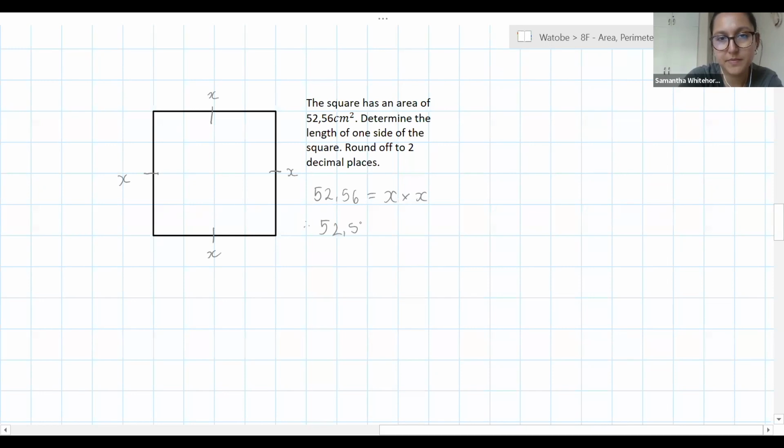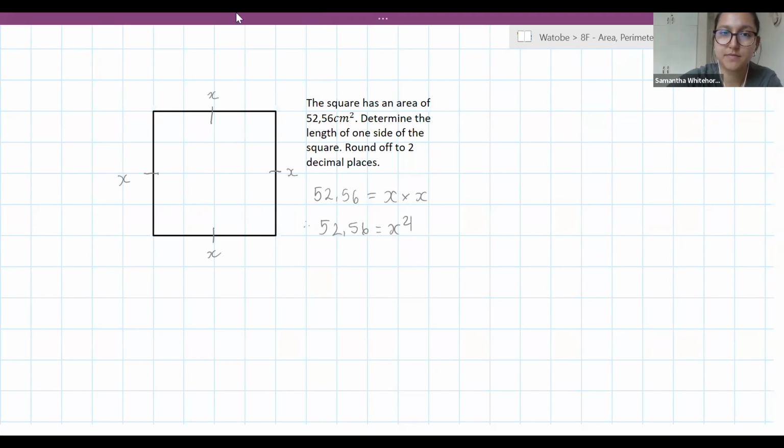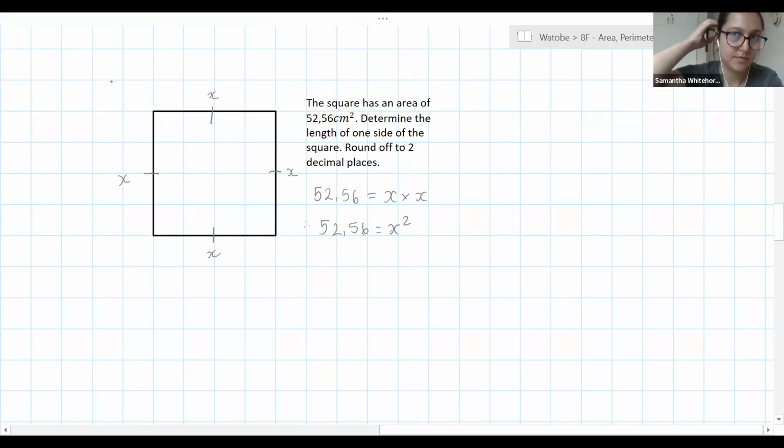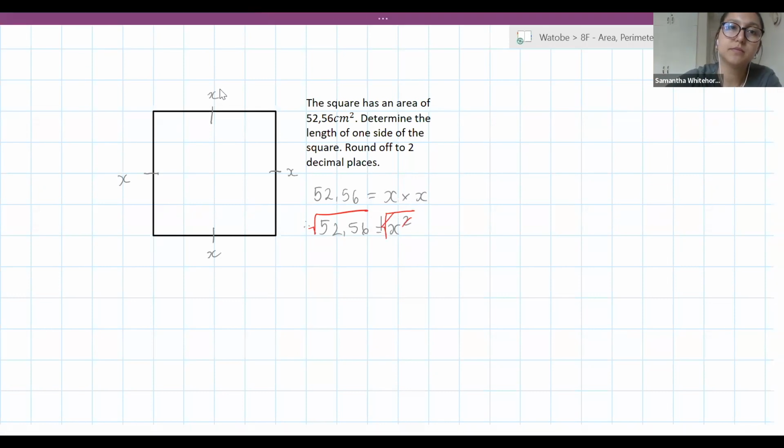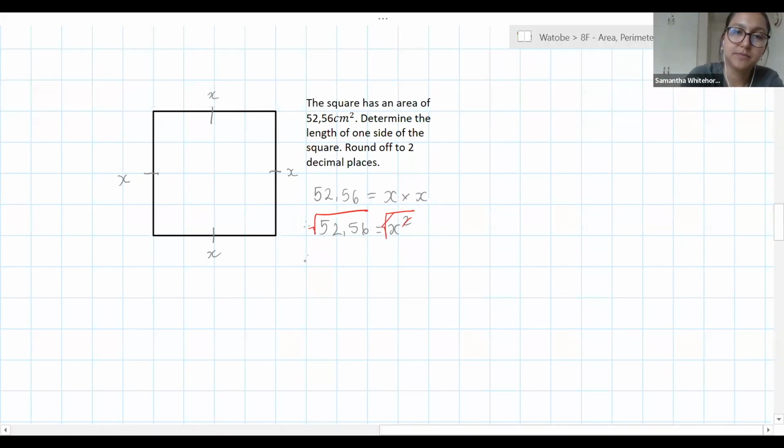Then I square rooted both sides. If I square root the x squared, then I have to square root the 52,56. Then the square root of 52,56 gave me 7,2498275, but I rounded off to the next 2 decimals. Good. That's 7,24.